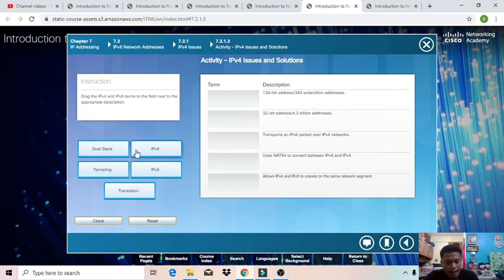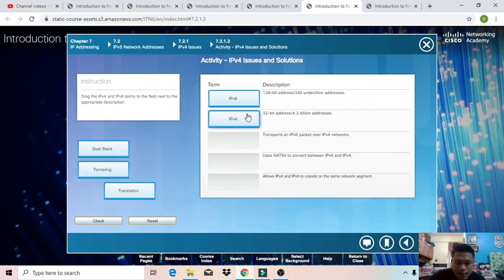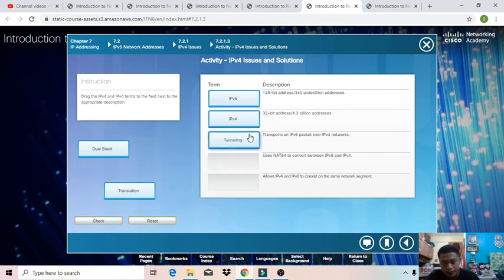The IPv6 is a 128-bit address. Next is 32-bit IPv4. Next is transport an IPv6 packet over an IPv4 network. So that is tunneling. The fourth is uses NAT64 to convert between IPv6 and IPv4.